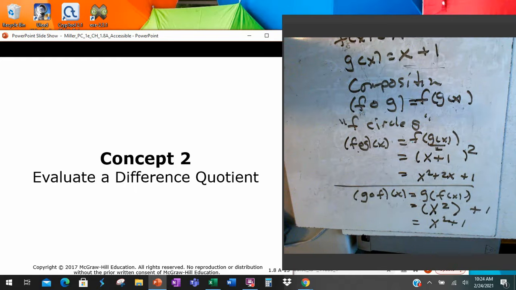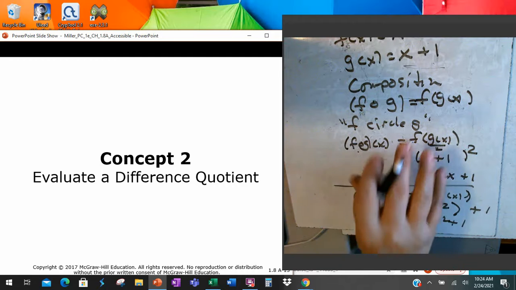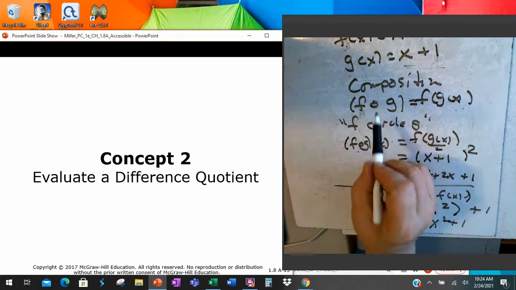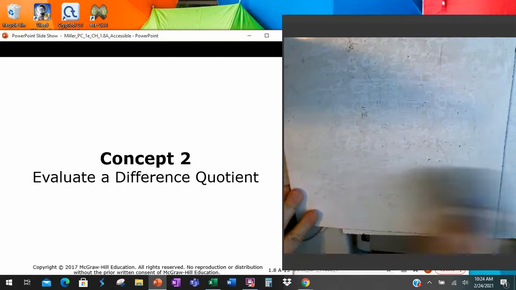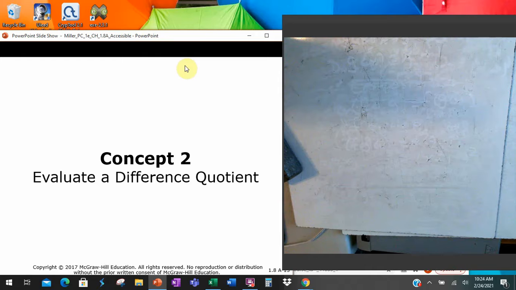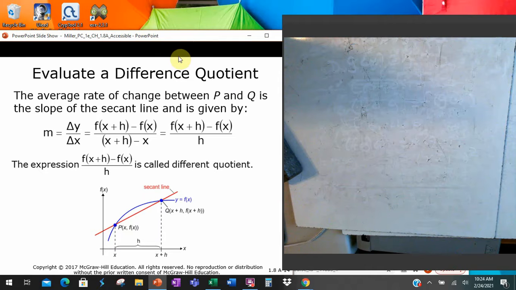There's some other stuff we have to do, but we're going to do this when we evaluate the difference quotient. We're not going to do it exactly by using this term. We're just going to say evaluate a function at some stuff, which is composition. And to do that, we need to evaluate the difference quotient. So basically, if I have a line, I'm going to do this picture to save some time on the lecture.